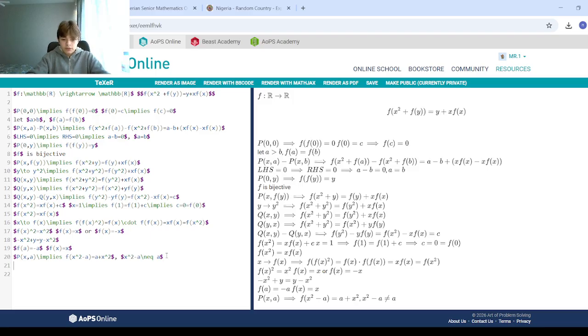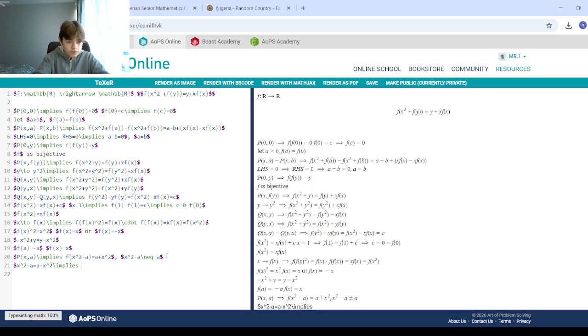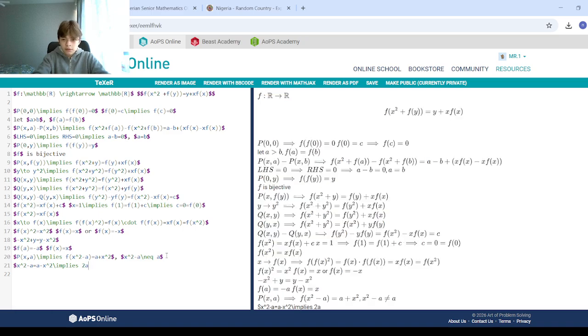So f(x² − a) should be equal to a − x². Okay, it's correct.